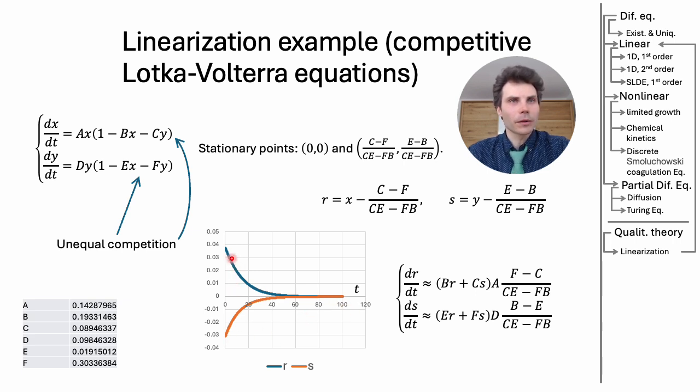So the variable X converges more or less exponentially to its stationary state, shown here, and the variable Y converges exponentially to its stationary state, as we deduced from studying the linearized system using the tools of the analysis of second order ordinary differential systems in the previous lecture.